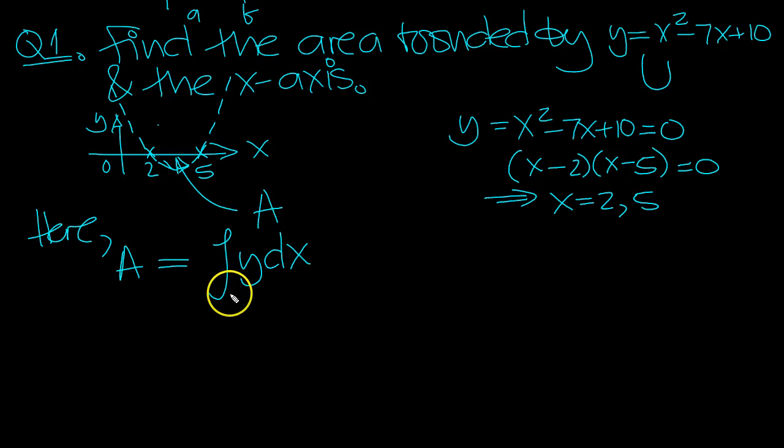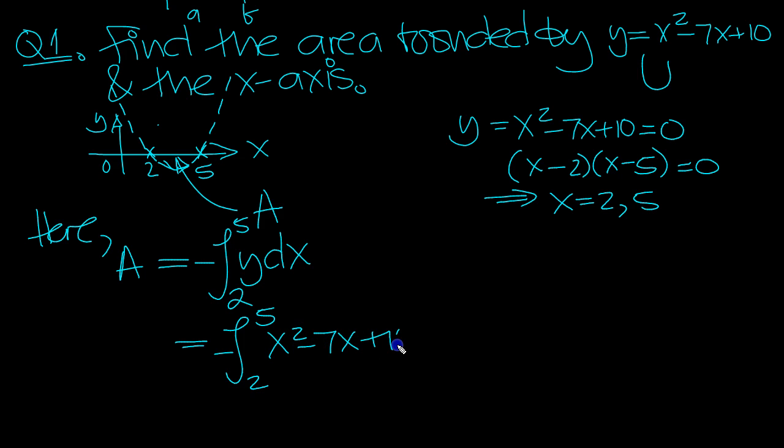So here we need to do the integral of this area between 2 and 5, and we need to put a minus in, don't we? That's easily forgotten, but there's an easy check at the end. So x squared minus 7x plus 10.